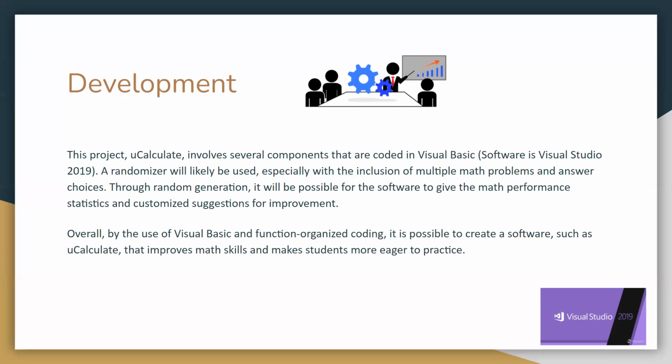Therefore, holistically, by the use of Visual Basic and functionally based coding, it became possible to create such a software like UCalculate that improves math skills and makes students more eager to practice and work on their skills.